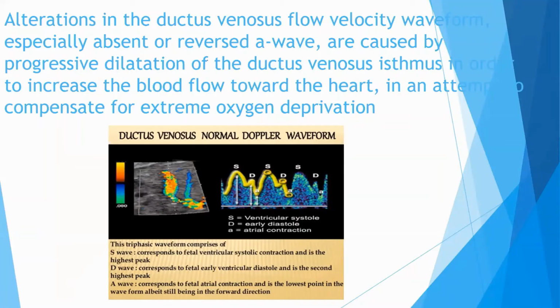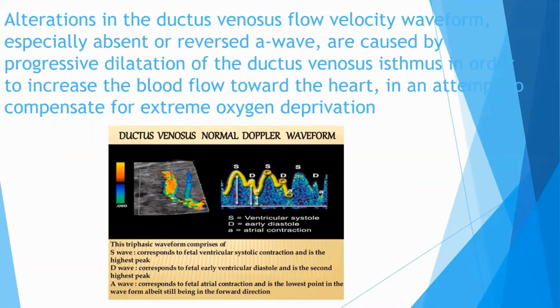And then also alterations in the ductus venosus waveform, especially the absent or reversed A wave, are caused by progressive dilation of the ductus venosus isthmus in order to increase the blood flow towards the heart in an attempt to compensate for the extreme oxygen deprivation. So in this case, you are seeing the normal ductus venosus Doppler waveform.